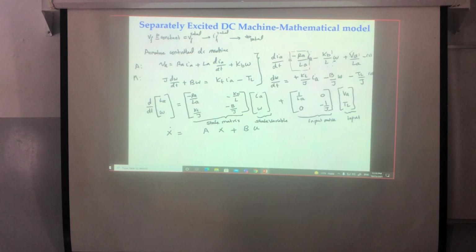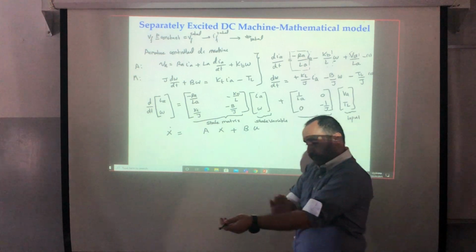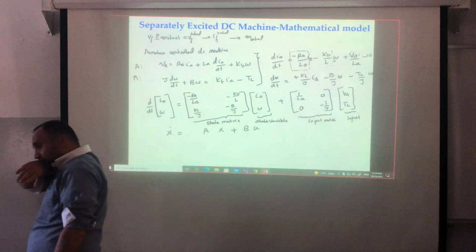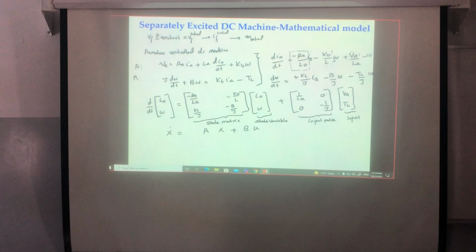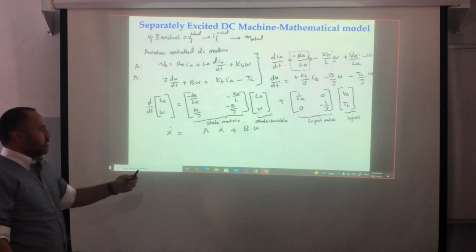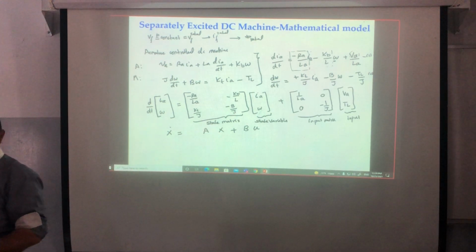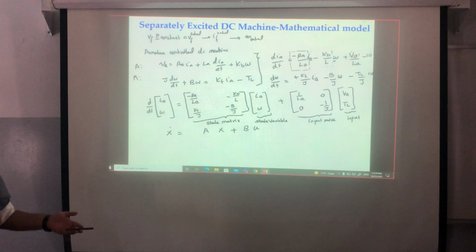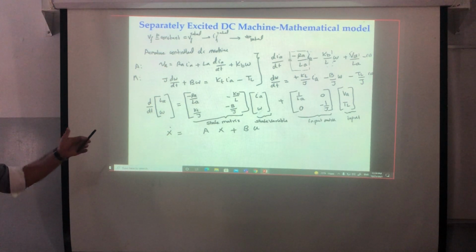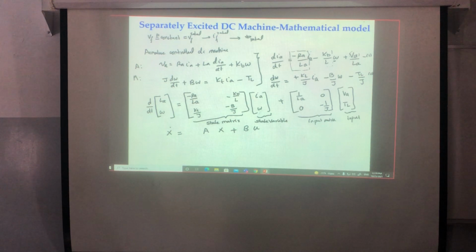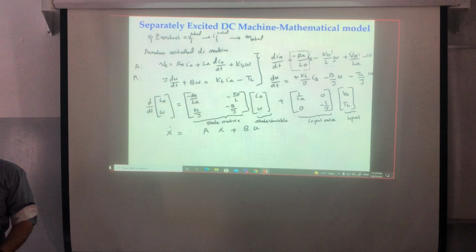So if I need to study the stability of the system, you know that the stability of the state space representation is actually connected to the eigenvalue of the state matrix. And how to find the eigenvalue? You say it's very simple: the determinant of lambda I minus A. Correct? From where? Linear algebra.